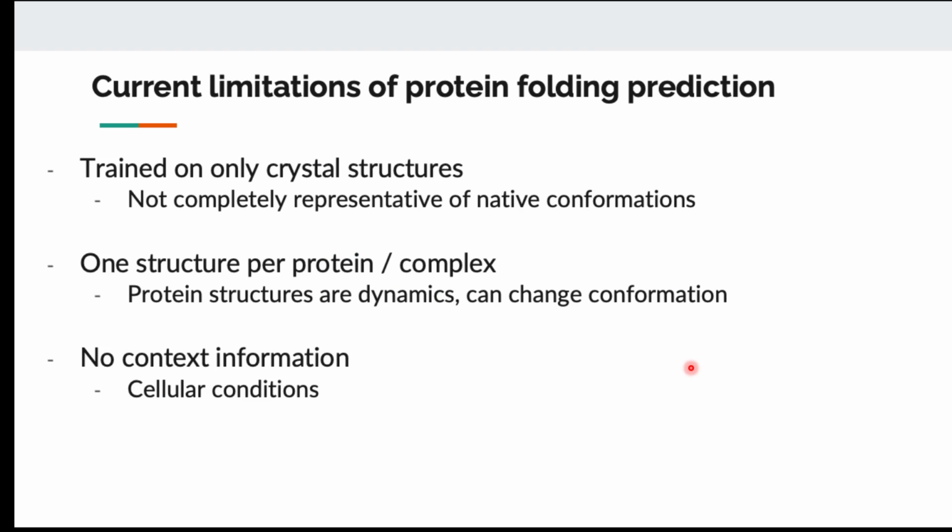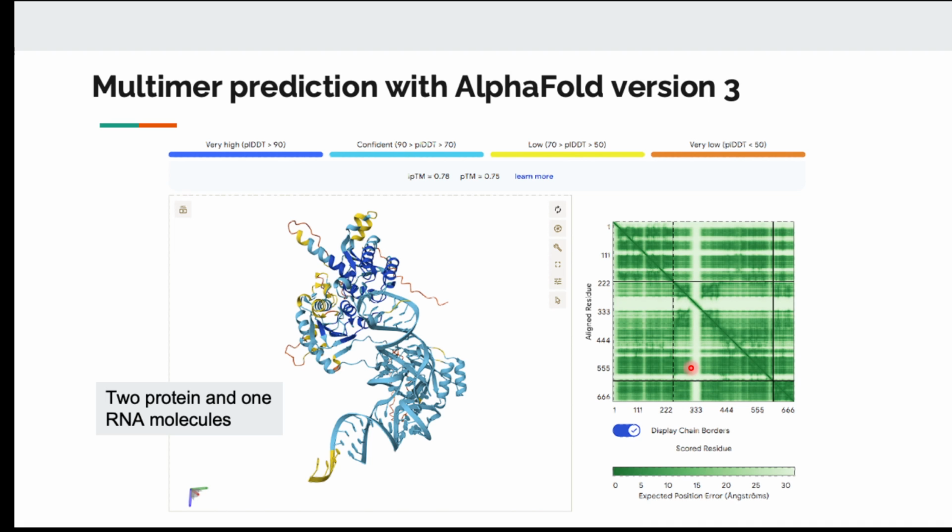So in AlphaFold version 3, they generalized their techniques so that it can accept more than one protein and it can work with different molecules. So in this example from their website, you can model binding between RNA and 2 different proteins onto the same structure.